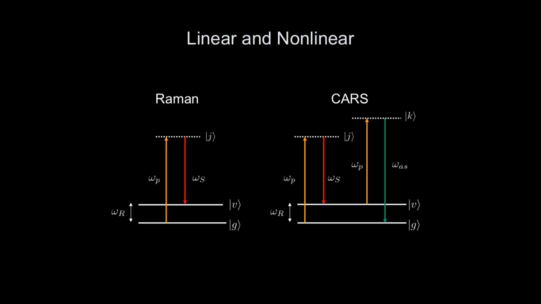You can buy a Raman microscope from several manufacturers, and the images are beautiful, but it takes hours and hours to collect them. That's because the photon flux of this red arrow is very low, and so that's not interesting for tissue imaging. In tissue imaging, we need things fast. Real time, ideally. Video rate.